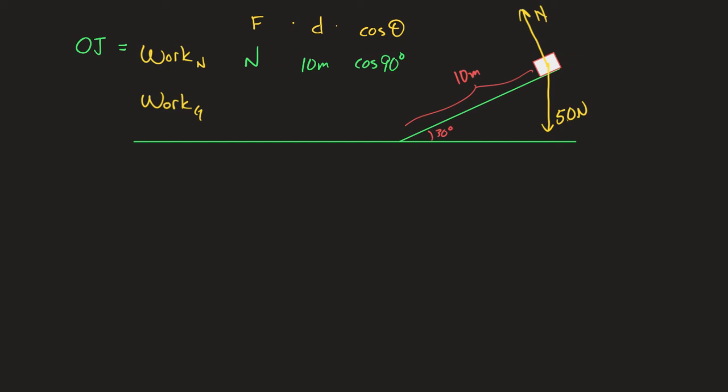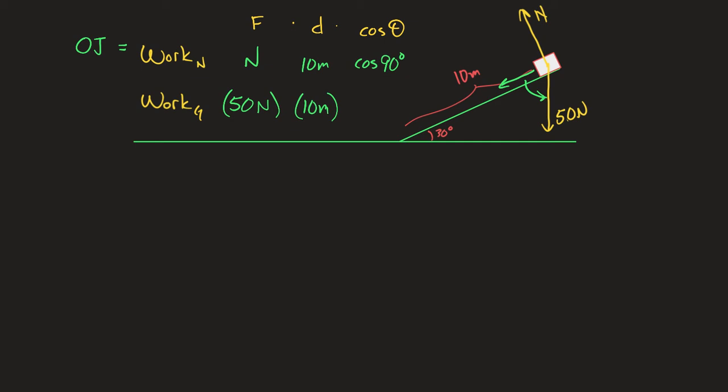Gravity is 50 newtons, straight downwards. Box slides 10 meters along the ramp. What is the angle between the ramp and the weight? 60, right?